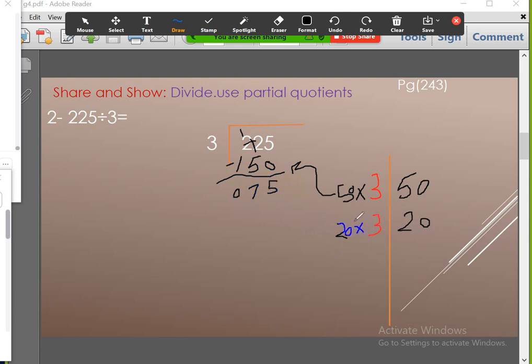Now 3 multiply 2 equals 6. Very good. Then I have to put 0 next to the answer, so it will be 60. Now I will subtract. 5 minus 0 equals 5. 7 minus 6 equals 1. Thank you, Aryam. Look, the number left with me is 15, so I have to divide it by 3.